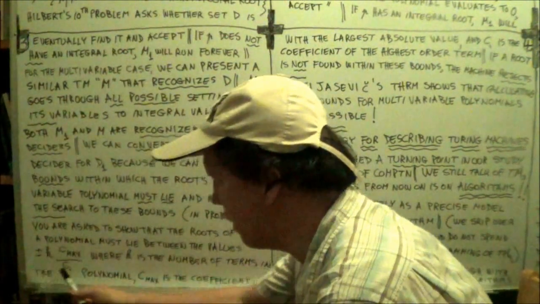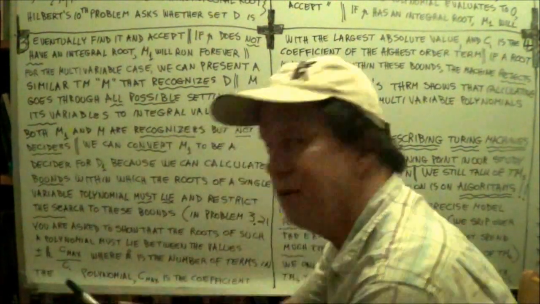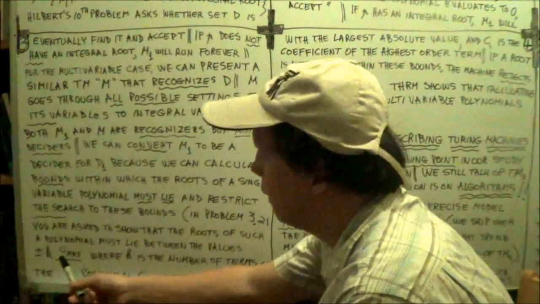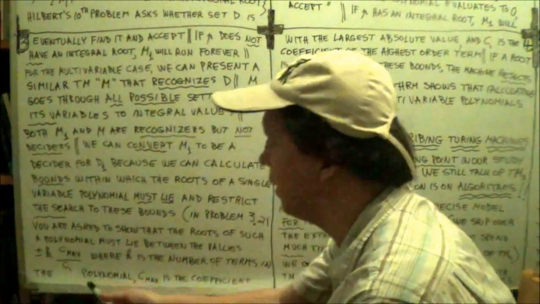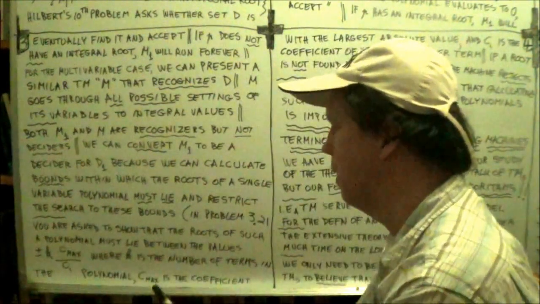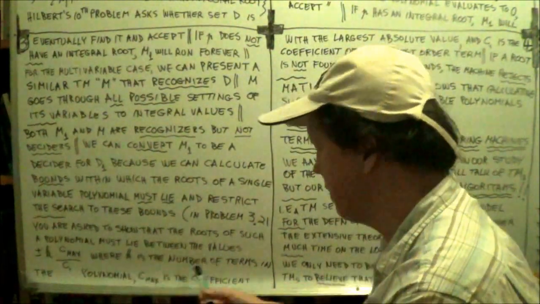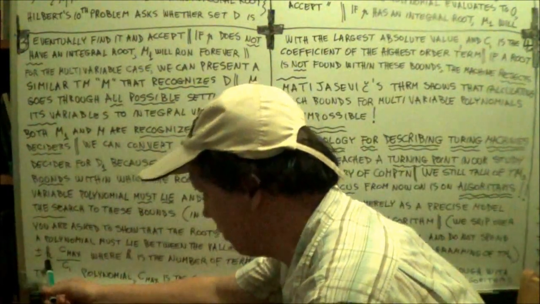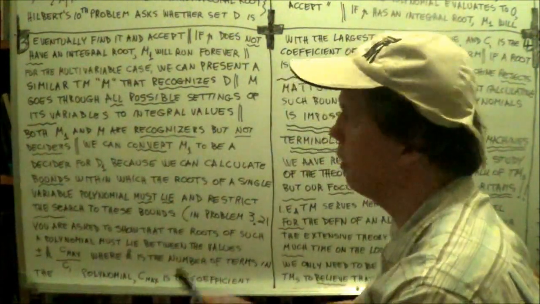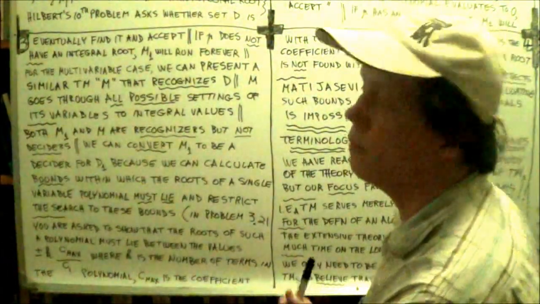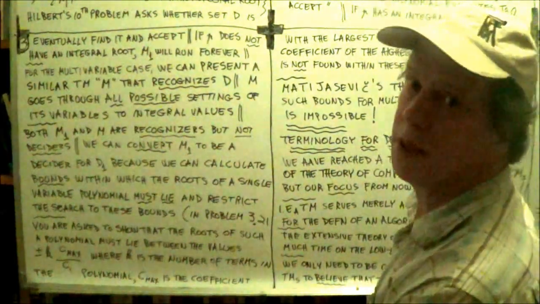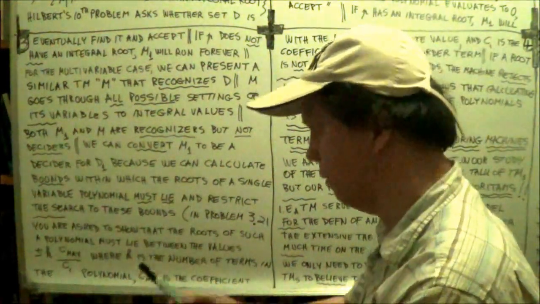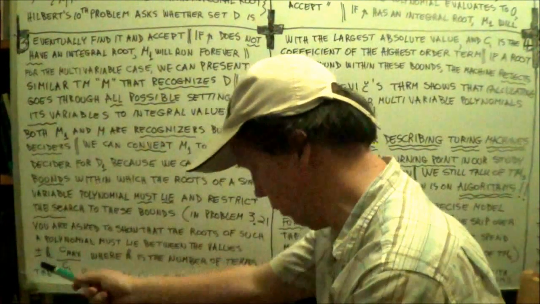So these are the bounds: plus and minus, the upper and lower limit of little k times c max divided by c1. So what do these terms mean? Well, k is the number of terms in your polynomial. Like the one we had, how many terms? 4x cubed minus 2x squared plus x minus 7. So we had 4 terms. So for that case, k would be 4.